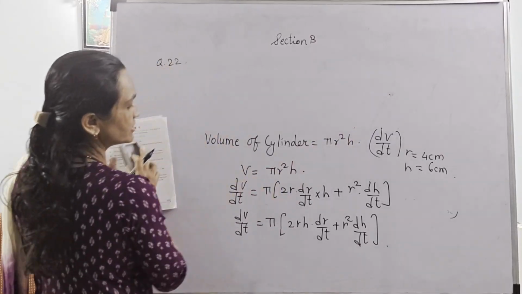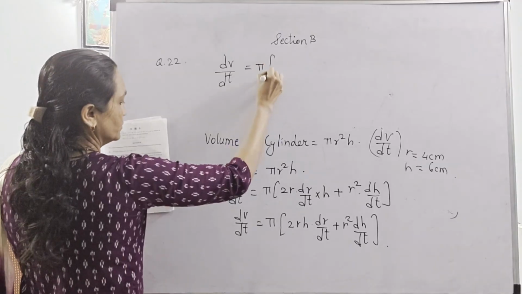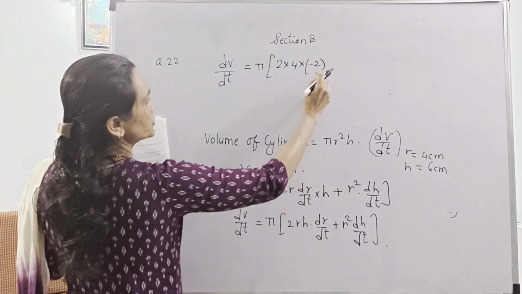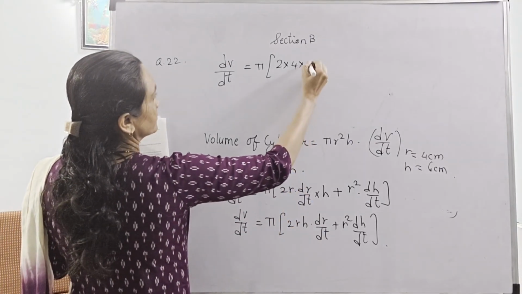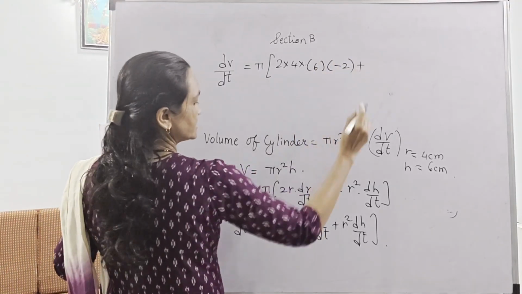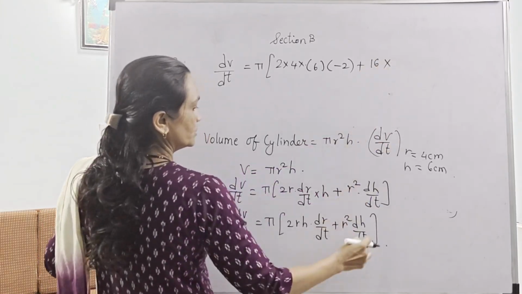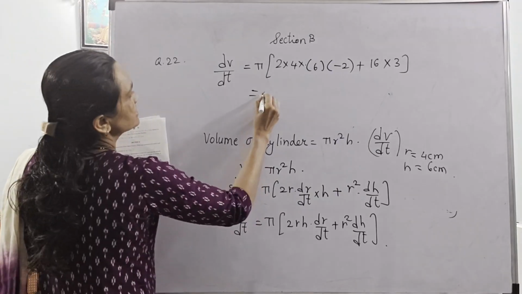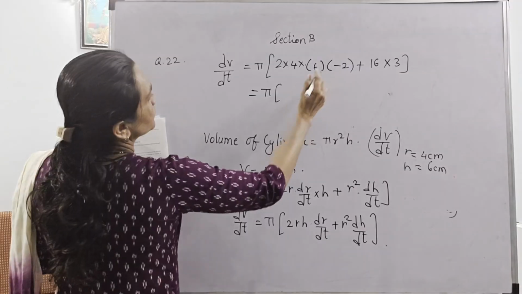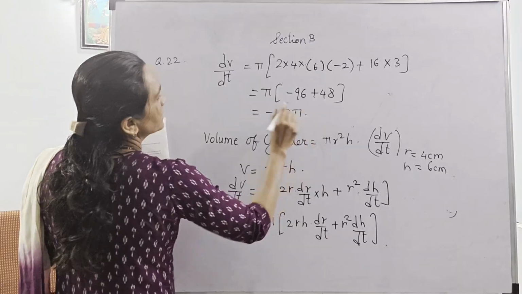So dv by dt is equal to pi into 2 into r, that is 4, into h, that is 6, into minus 2, that is dr by dt, plus r square, that is 4 square, 16, into dh by dt, which is 3. Simplifying, pi into 6 4s are 24, 24 2s are 48, minus 96 plus 48. So my answer comes as minus 48 pi.